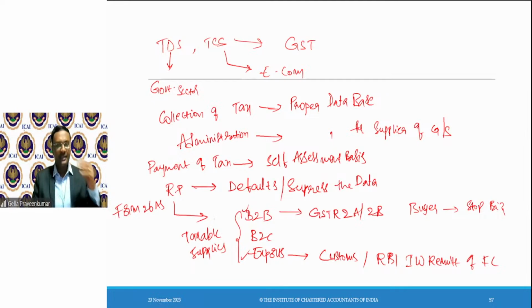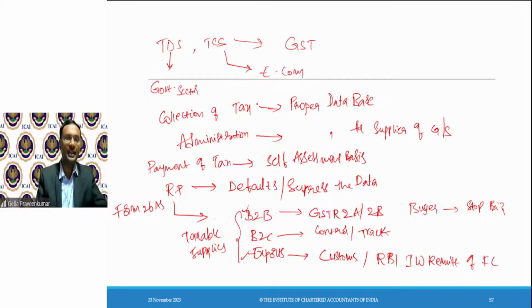The major challenge comes in the case of B2C. How to control, how to track? These challenges are addressed to some extent by virtue of TCS provisions for e-commerce platforms. Business is multi-folded when transactions happen through e-commerce.